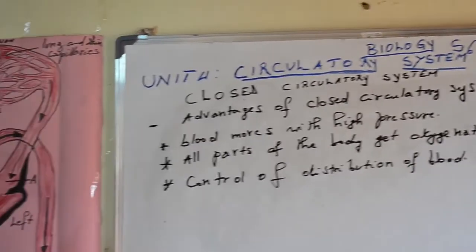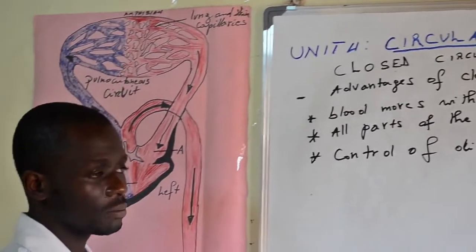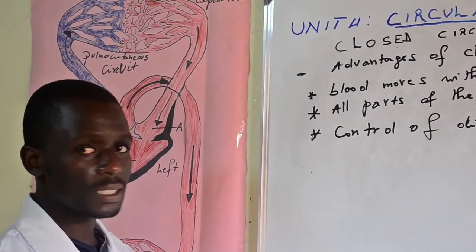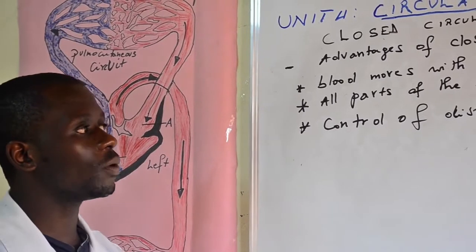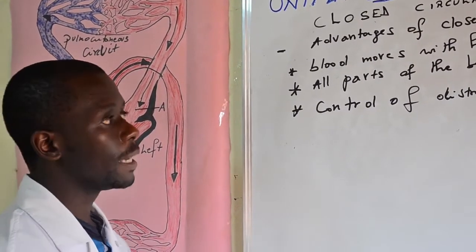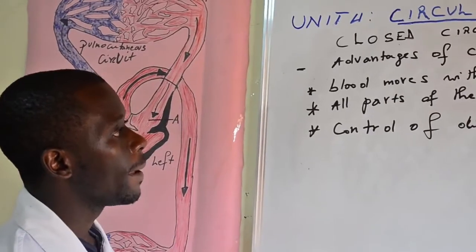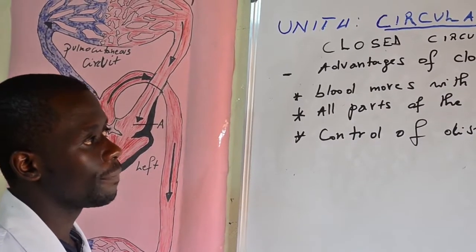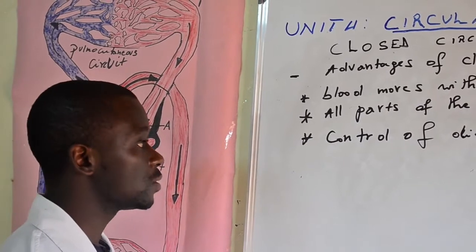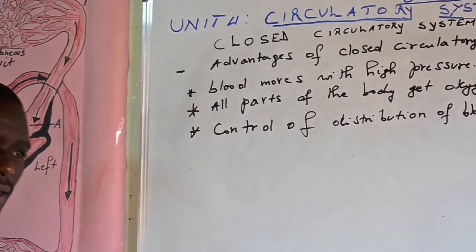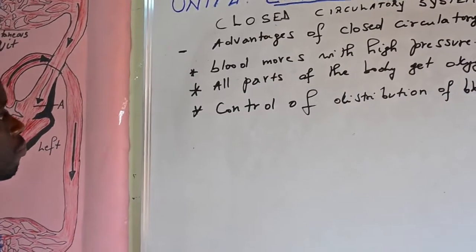Now, after these advantages, which are found in the closed circulatory system but which cannot be found in the open circulatory system, it means the closed circulatory system is more evolved than the open circulatory system. I think you can understand that through the theories of evolution.